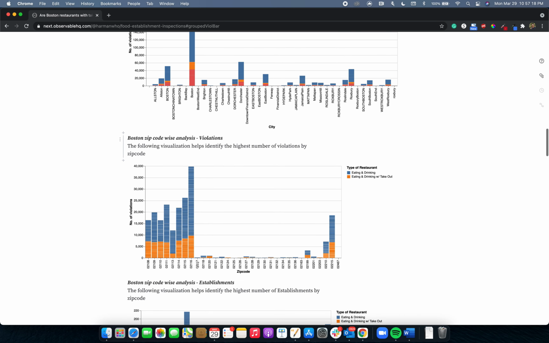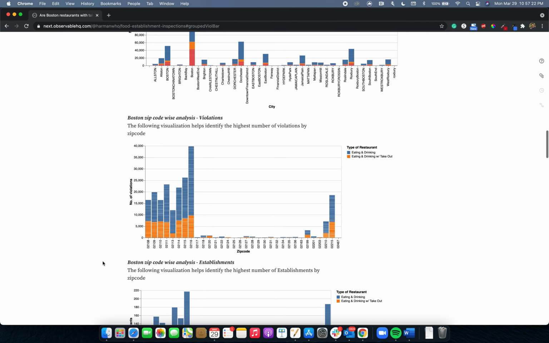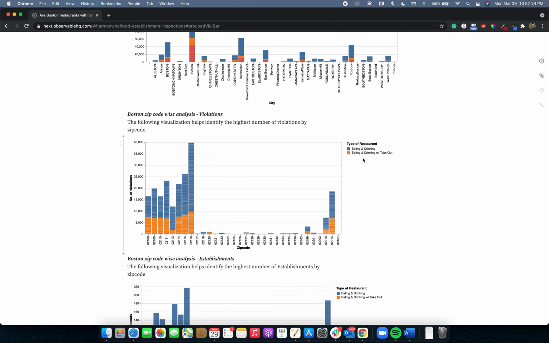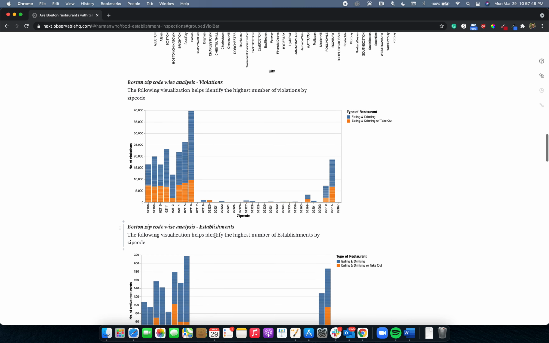When we dig deeper into the zip code-wise analysis of the violations, we can see that, according to two types of restaurants, with takeout and without takeout, zip code 02116 has the most violations, followed by 02115, 02111, and so on.